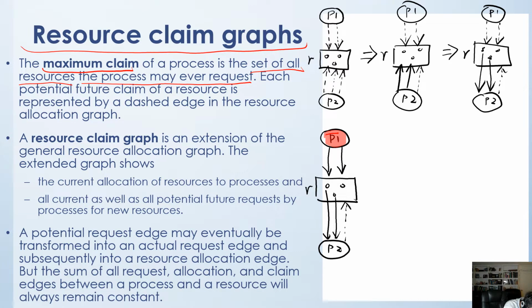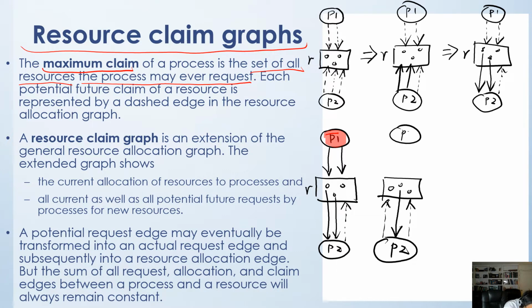So at this moment, if process 2 releases one of the units, then it frees up one unit, making the available units go from 1 to 2.